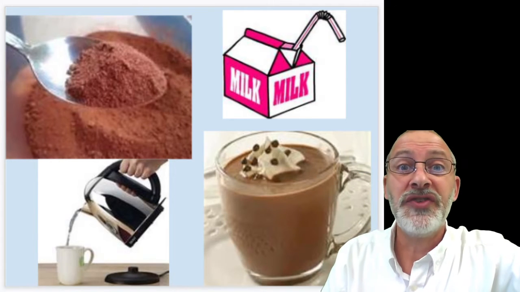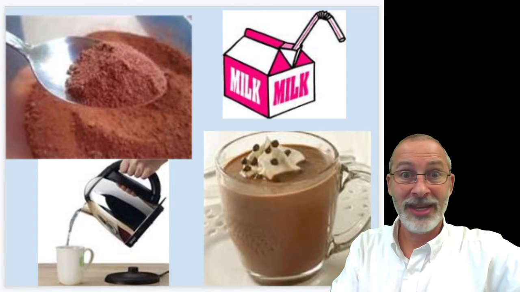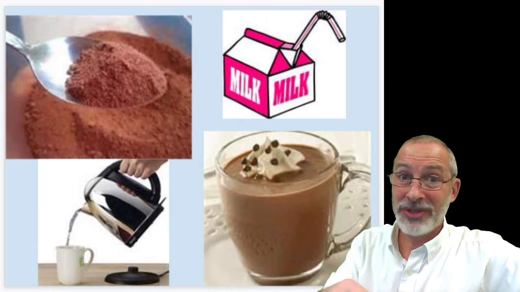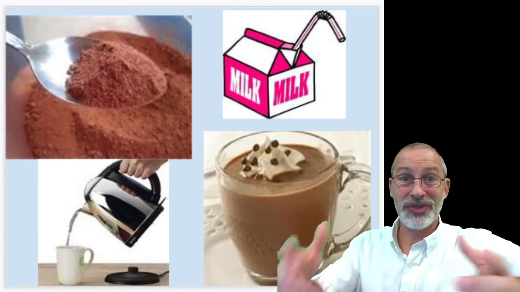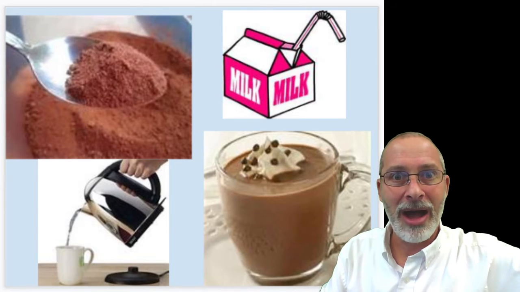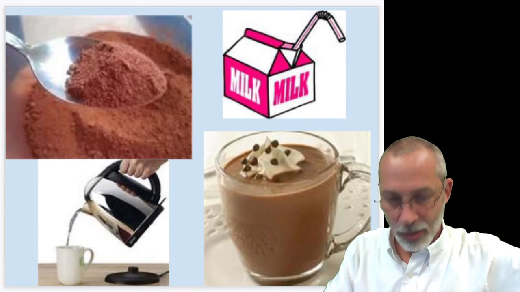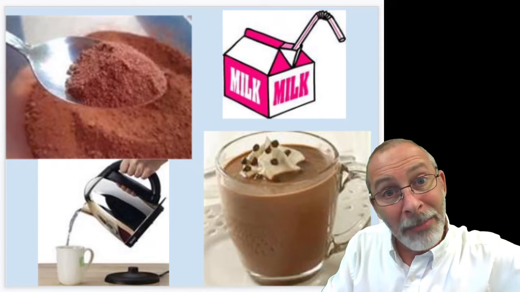It was a container of Swiss Miss hot cocoa mix. Now, again, back in my day, it wasn't pre-measured packages like they have today. They were canisters of the powder. And heck, I've made hot cocoa before, and I opened it up and looked at it, and it kind of looked the same as chocolate milk mix.